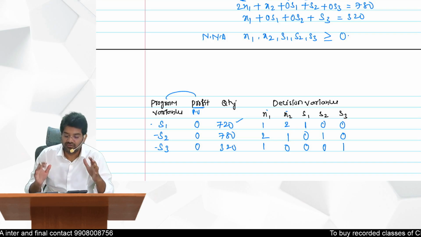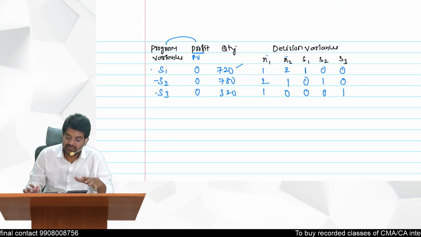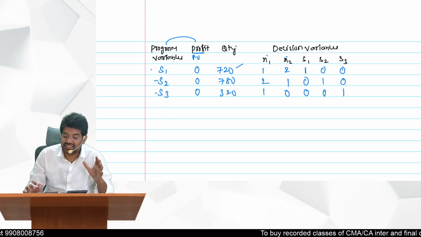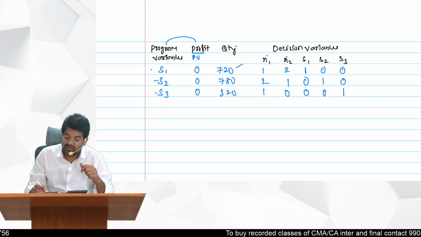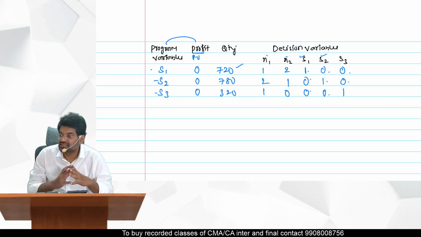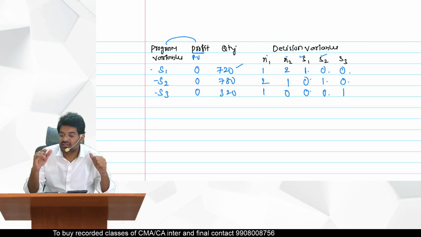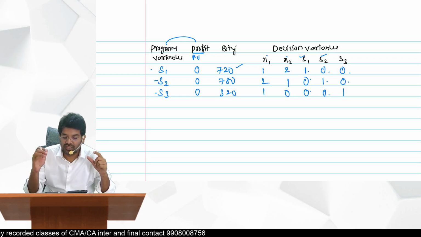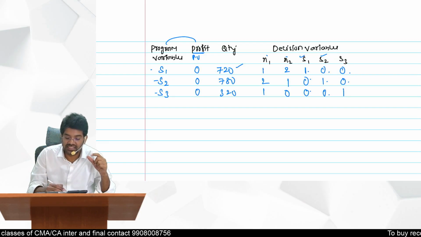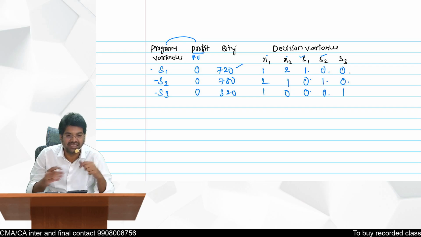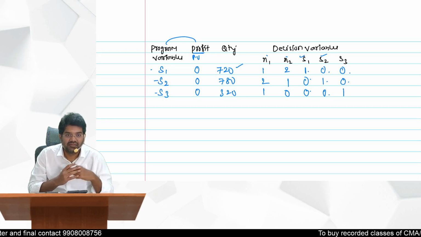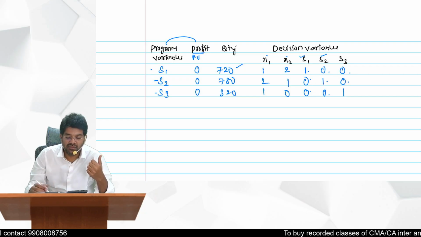Now if you see here, we should get a unit matrix, 1 0 0, 0 1 0, 0 0 1, for the slack variables. Whenever you are preparing the initial simplex table, make sure you have the unit matrix. If I take S1, S2, S3, then only will I get the unit matrix.